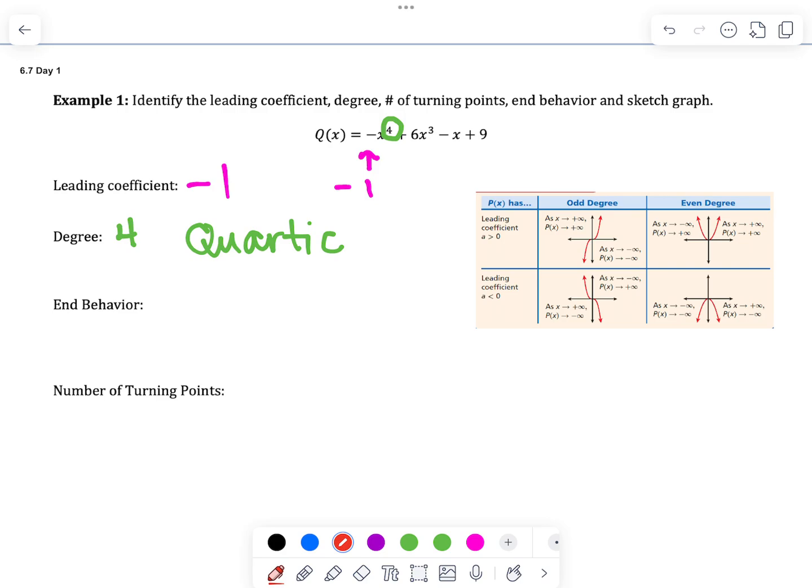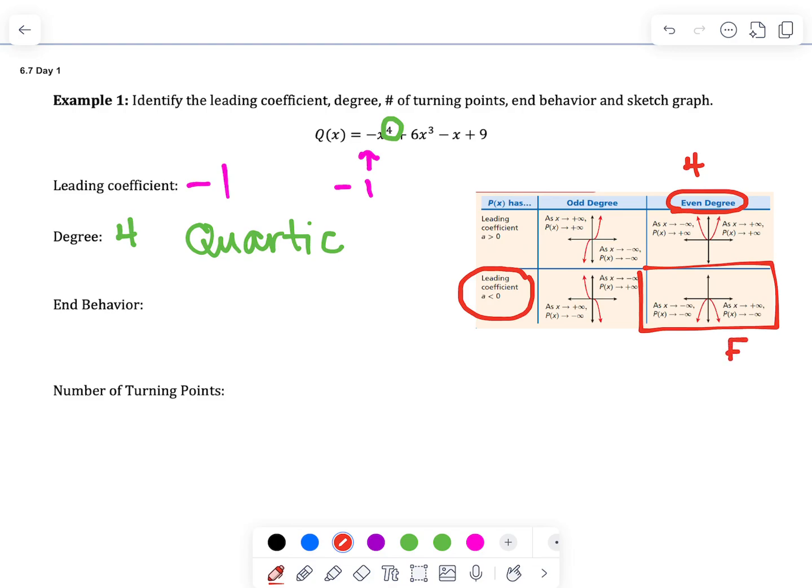Then we identify the end behavior. So the end behavior is based off the degree. So the degree is 4, so it's even. And then the leading coefficient is a negative. So that was a -1. So what's going to happen is our quartic function is going to fall on both sides.